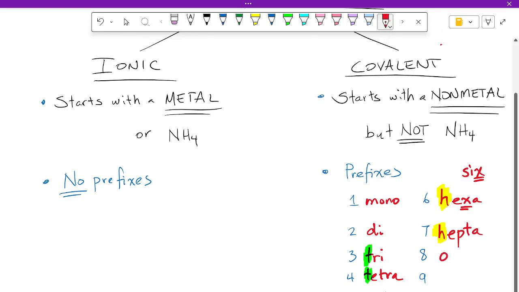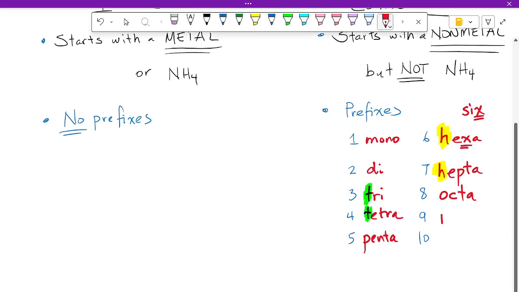Octa, because you usually know about an octopus or an octagon. 9, nona. 10, deca.